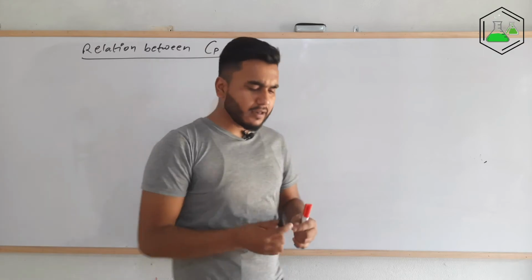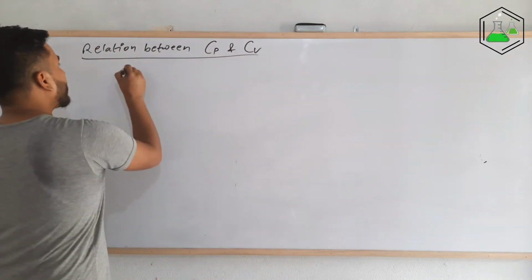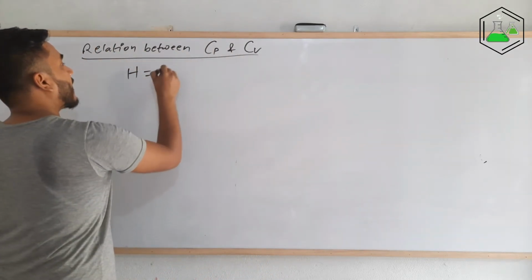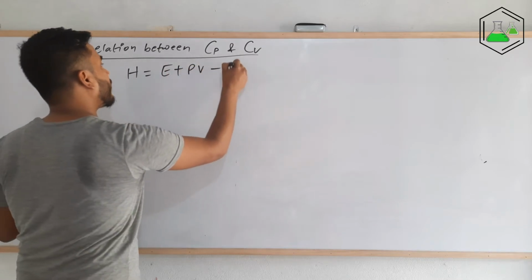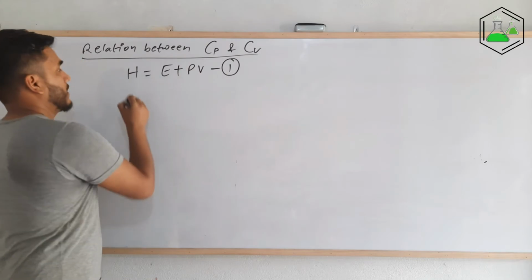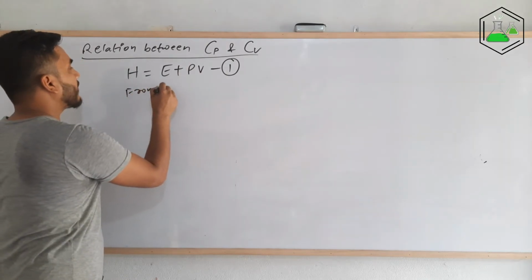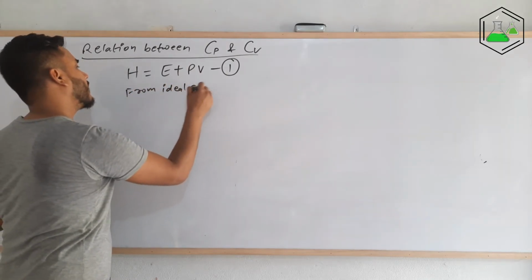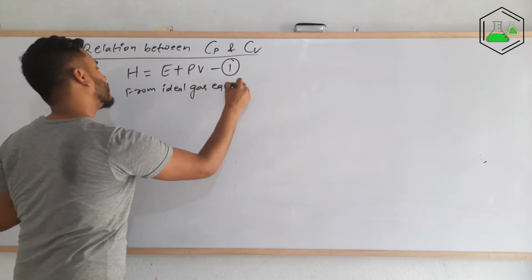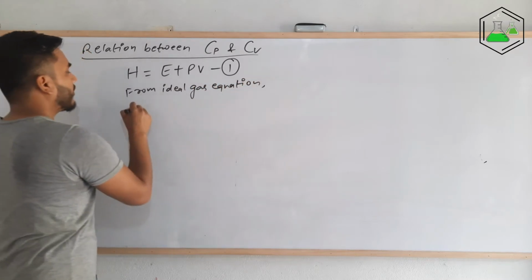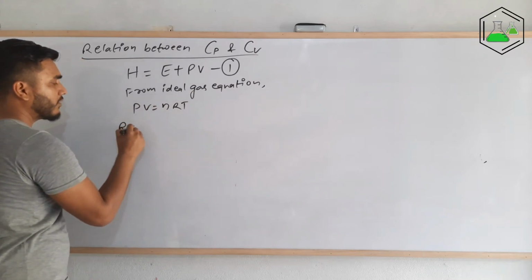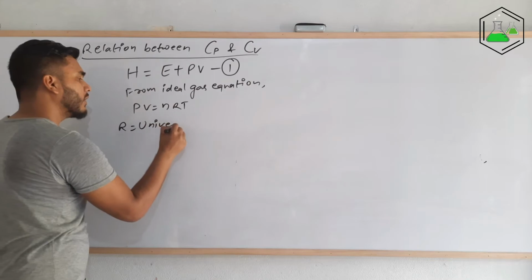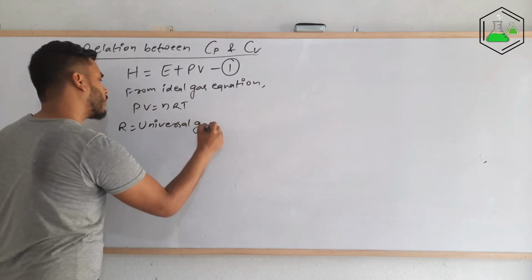We can establish the relation between Cp and Cv from the formula of enthalpy, that is H is equal to E plus PV, right? Let's consider it to be equation number 1. From the ideal gas equation, we can write PV is equal to nRT, where R is the universal gas constant.